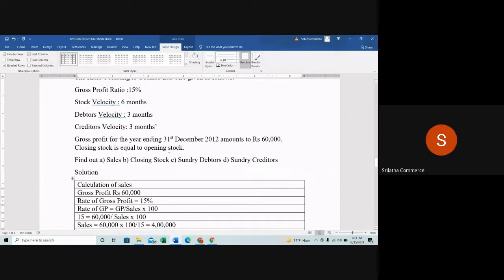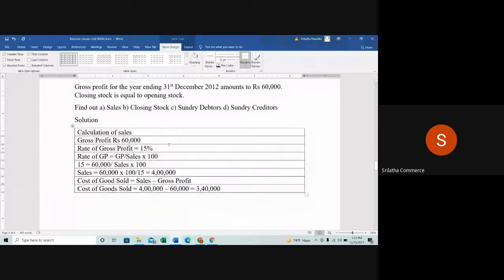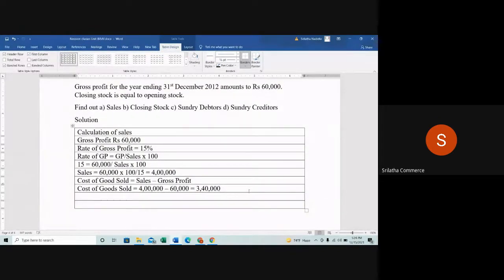Here we are going to take 365 days. Conversion period is equal to 365 divided by stock turnover. This is the formula we are going to use, isn't it? Yes or no? Do you remember?